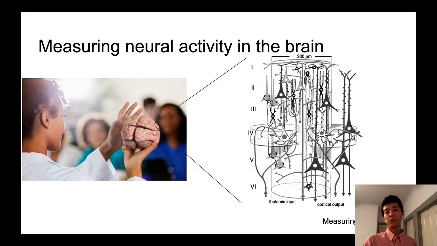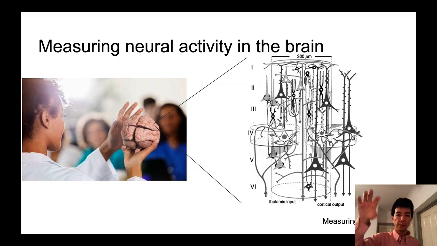Layers 2, 3 are the ones that generate some kind of processing and also receive input from higher brain areas.